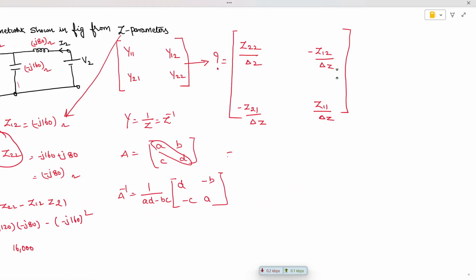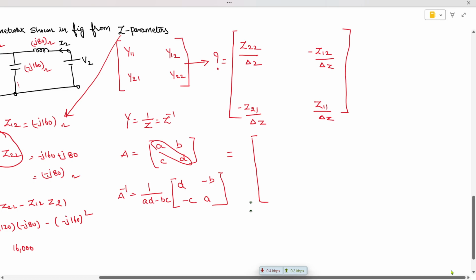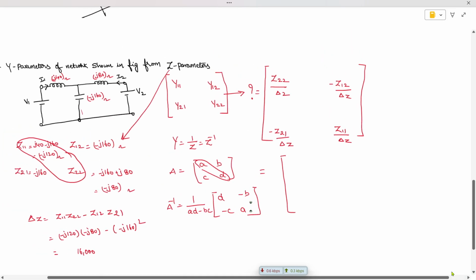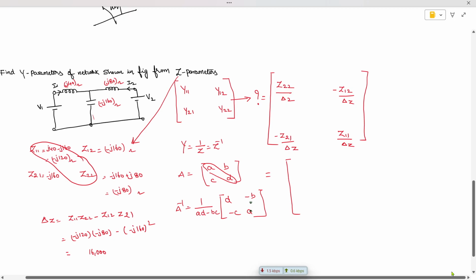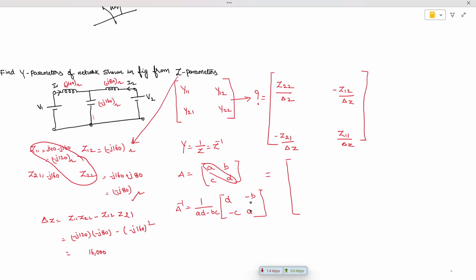So here after substitution, what is the value of z22? Already we have calculated it. The value of z22 is minus j80 divided by 16,000. Here minus j12, minus j12 is how much? Minus j160 divided by 16,000.